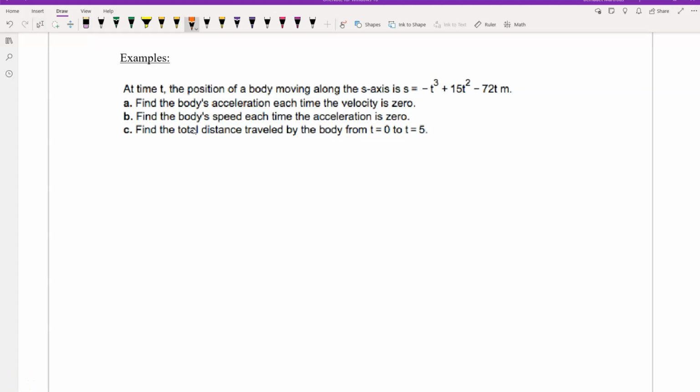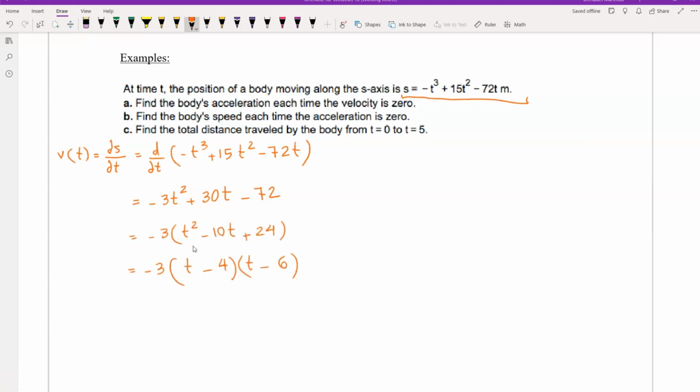So here we need to know velocity, acceleration, speed. Finding velocity, that is the derivative of position with respect to time. So derivative of position with respect to time, that is equal to negative 3t squared plus 30t minus 72. And then here I factored to be able to find velocity when it is 0.